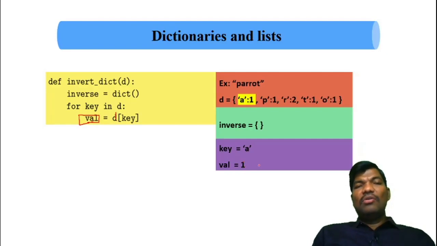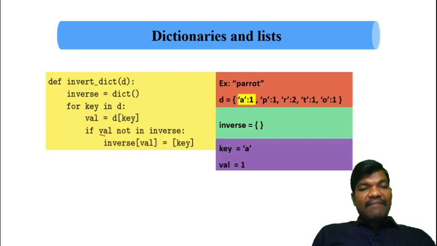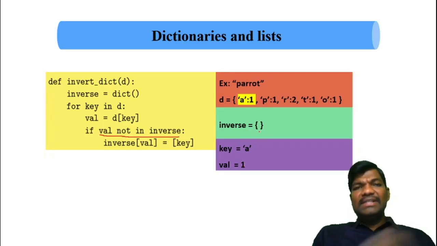Next, if value not in inverse, if that is true, what will happen? 1 is not in inverse. Inverse is empty. If value is not in inverse, inverse of value equal to key. What is the key here? A. What is the value? 1. Inverse of value, that means 1 colon list of key, that means A.